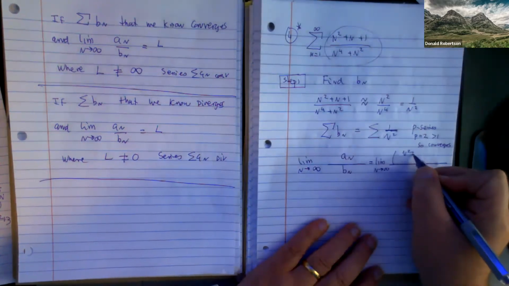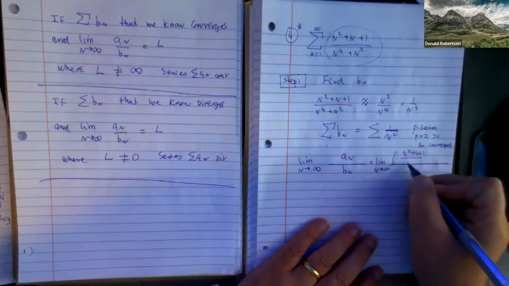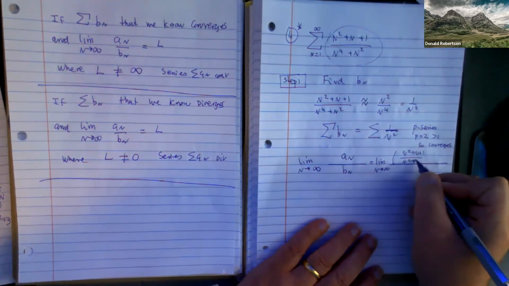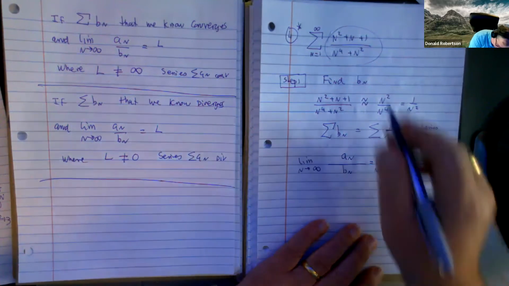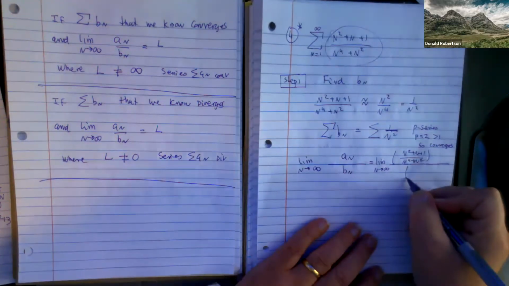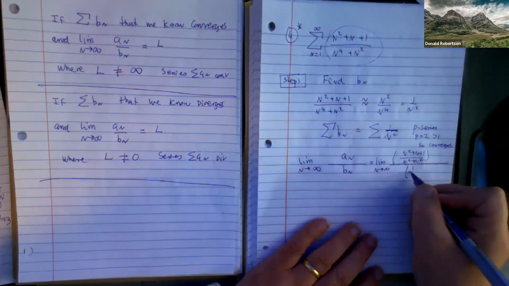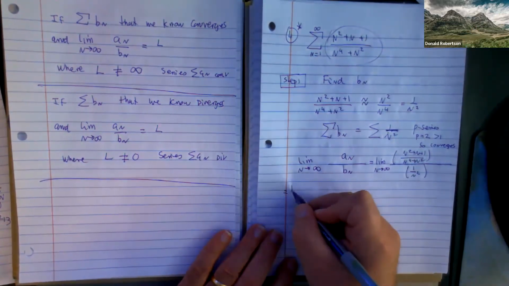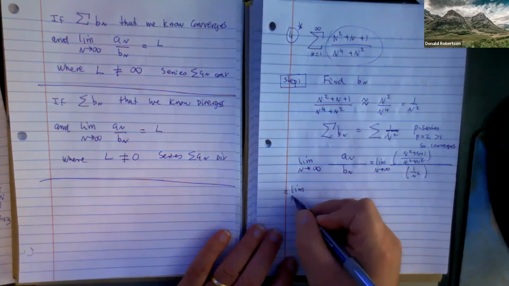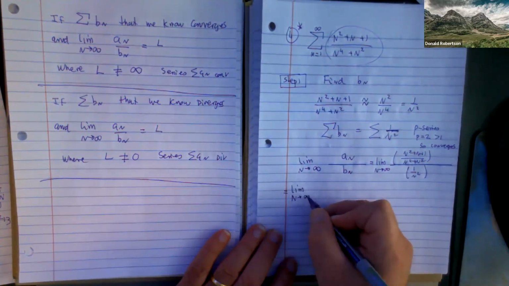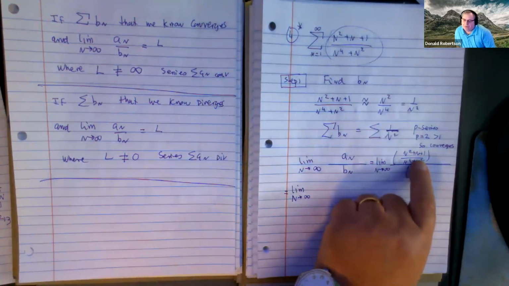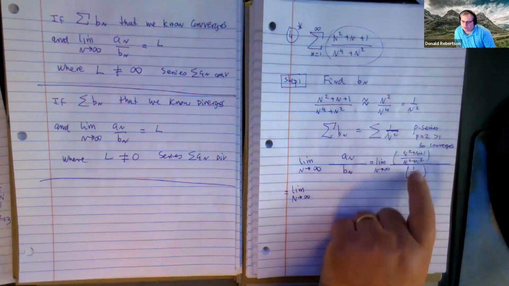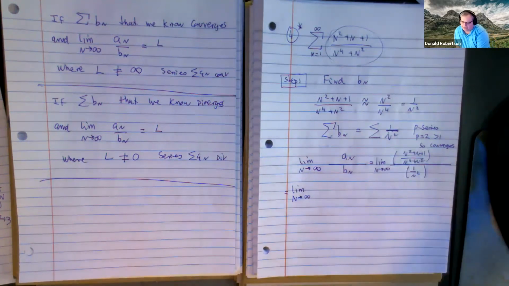So it's n squared plus n add 1 over n to the 4 plus n squared, right? Just a single expression. On the bottom, bn, which is that guy. Nobody in their right mind would want to try and evaluate that limit the way it's written.